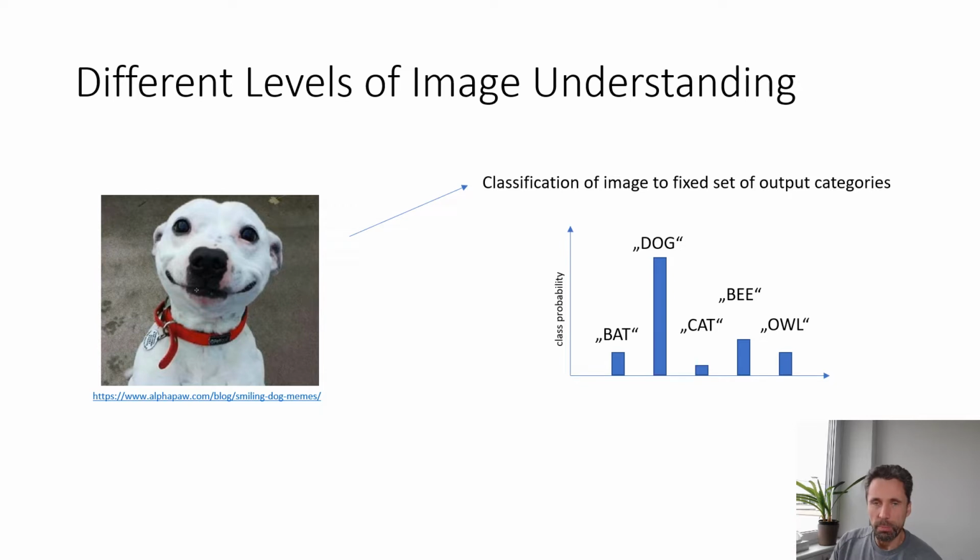Let's first recap what kind of tasks we have been looking at, and what kind of answers our models should provide. We started with a pretty simple task that we called classification. So in an image, we were interested in the things and objects that could be seen in there.